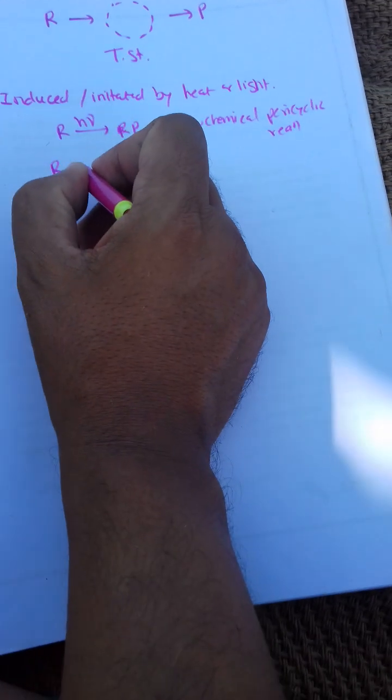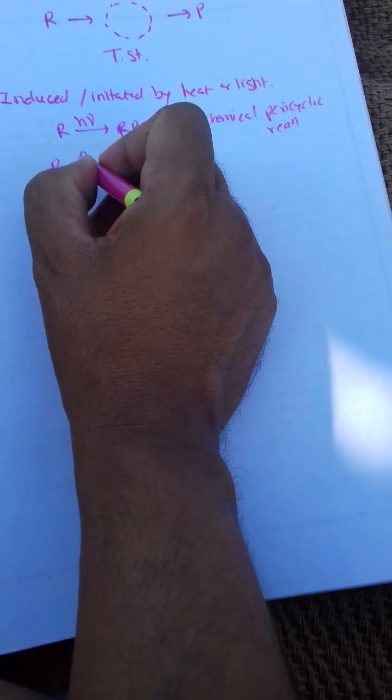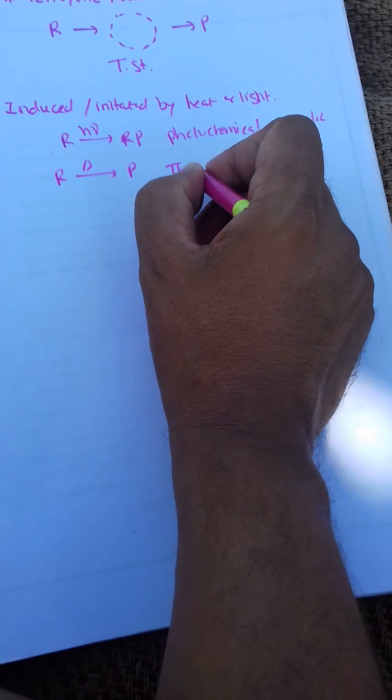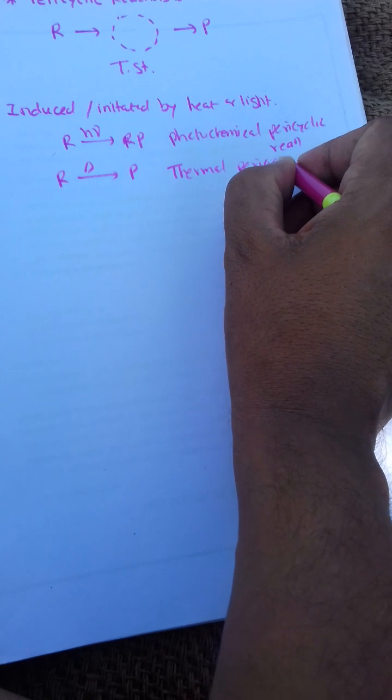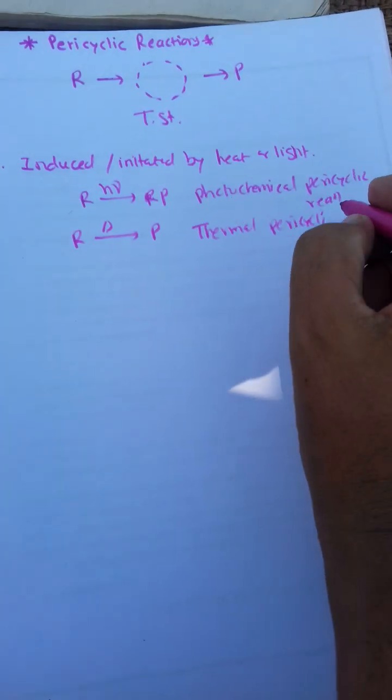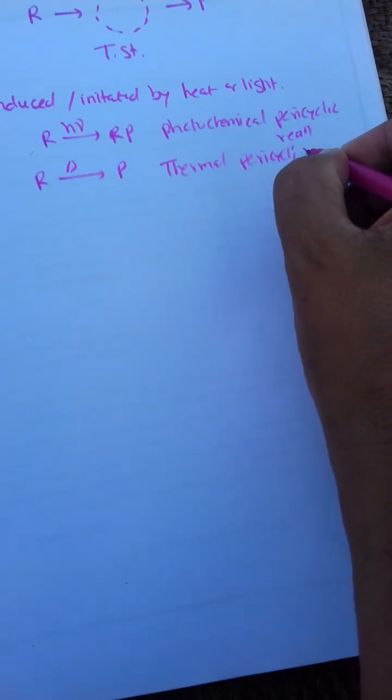So whenever we initiate the reaction with light, this is called a photochemical pericyclic reaction. Whenever we initiate this reaction by heat, this is called a thermal pericyclic reaction.